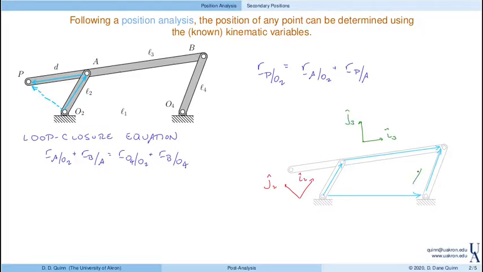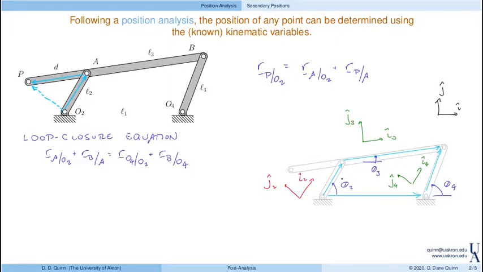And then finally, I4 and J4 are as given. And then, of course, we have I and J fixed in the ground. Along with this, we'll have an angle theta 2, an angle theta 4, and an angle theta 3.